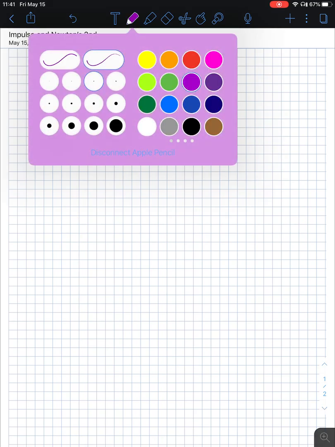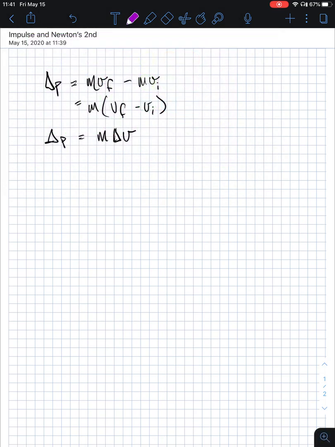And then from there, if we divide both sides by the amount of time that it takes for that velocity to change, for that momentum to change, we get something that looks like this. On the left-hand side, we get the change in momentum divided by the change in time. On the right-hand side, we get mass times the change in velocity divided by the change in time.